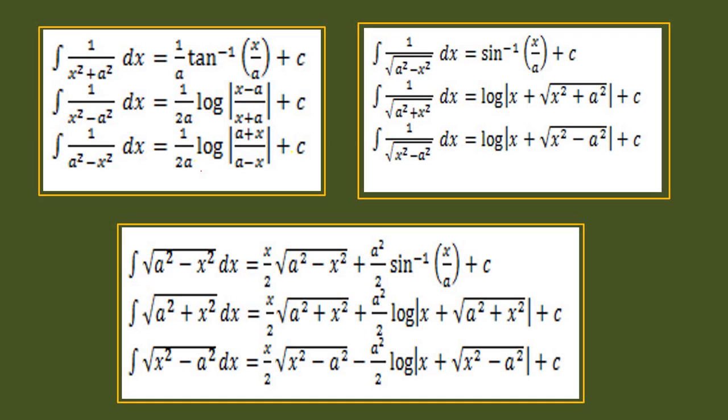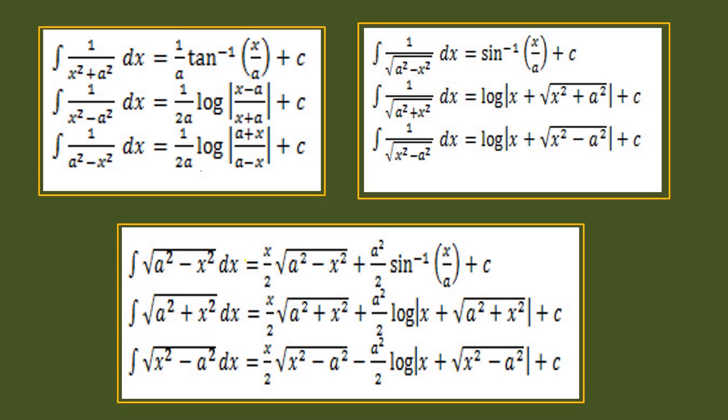And similarly, you can see these are 9 results. The first set of 3 will be 1 over x square plus a square, x square minus a square, or a square minus x square. Similarly, the second set will contain the same combinations of x square and a square, but in the denominator we will have the square root over it.